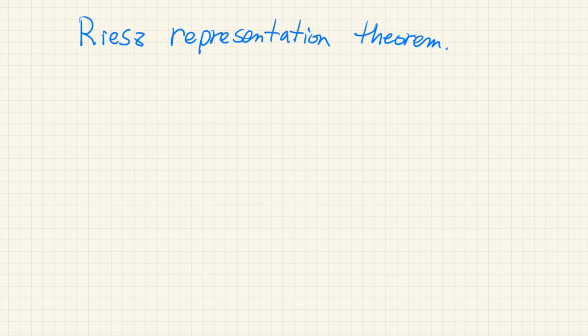Now, let us present the Riesz Representation Theorem, which says the following. Let phi from H to R be a bounded linear functional.